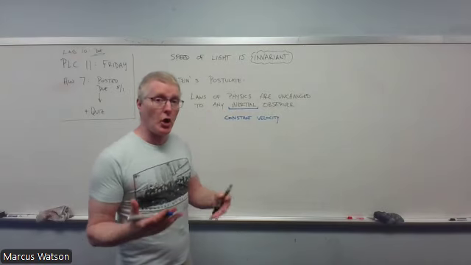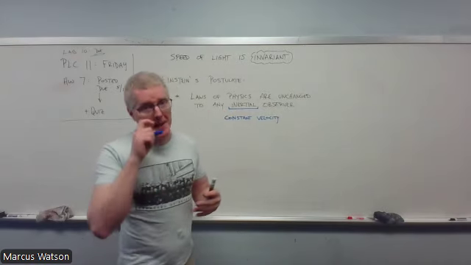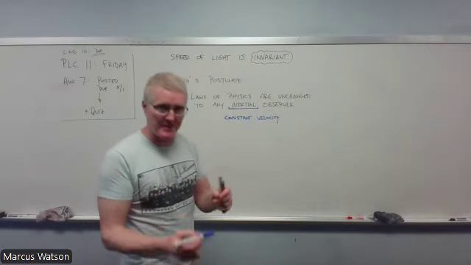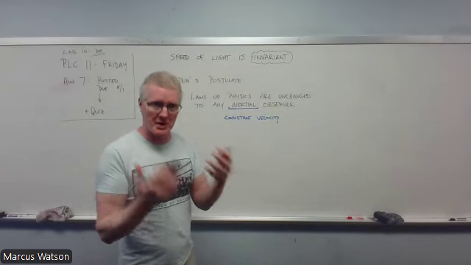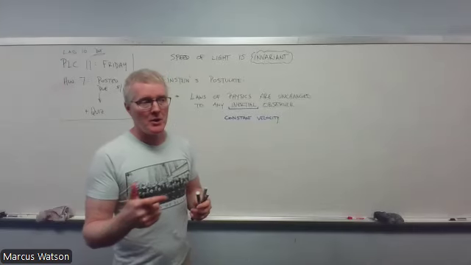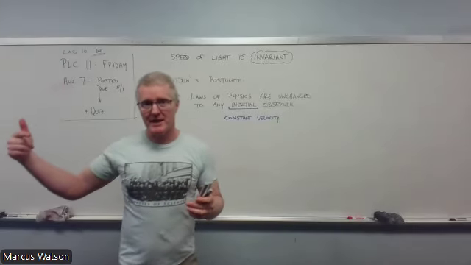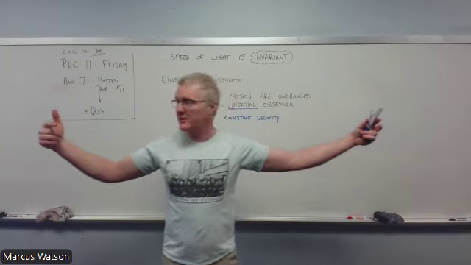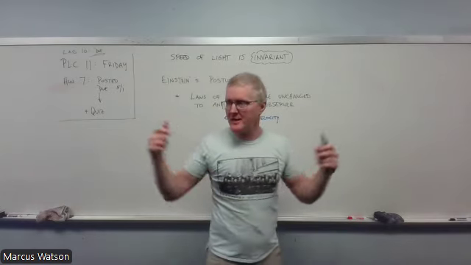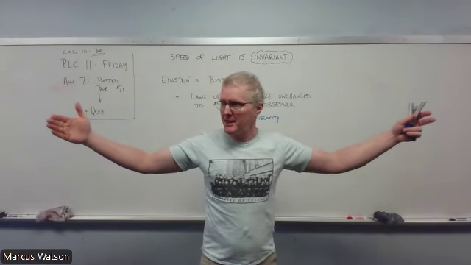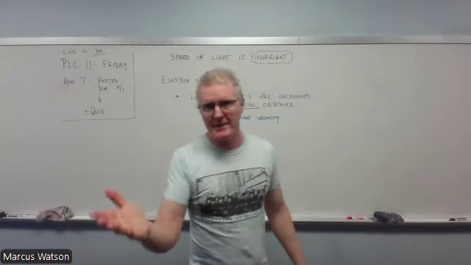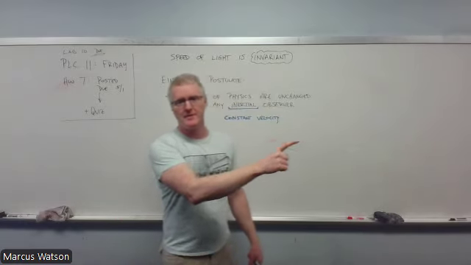Just like I was saying, if you're in a dark closet and you're throwing or dropping things to see if their trajectories are changed, you can do the same thing with light. What if I had a light beam on one side of the closet and a detector on the other side, and I shot the light beam this way? And I detect it over here, and I know my closet is this big because it's just a closet, and it should take light some amount of time to get from one side to the other.